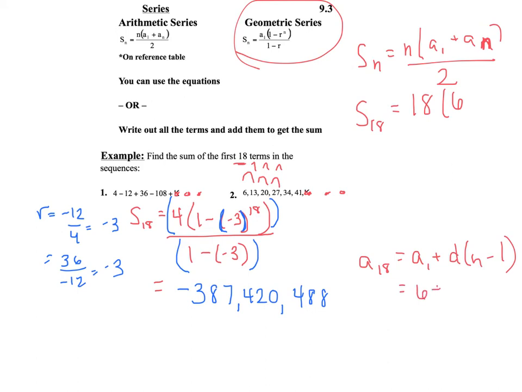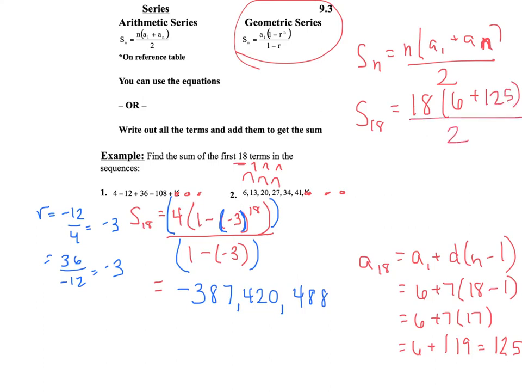So it'd be 6 plus 7 times 18 minus 1, 6 plus 7 times 17. So I'd get 6 plus 119, which would give me 125. So now I could plug that in, so 18 times 131 divided by 2, then I could type that right in the calculator.